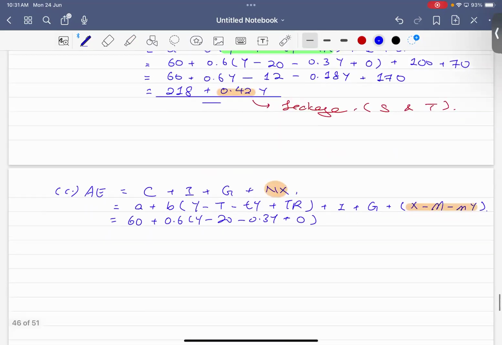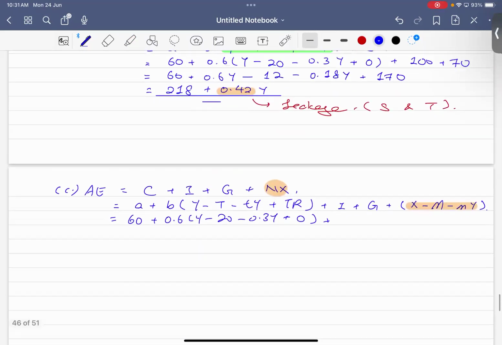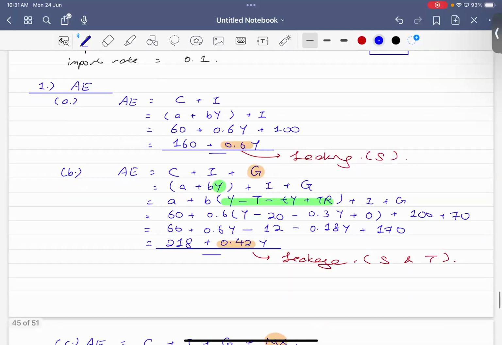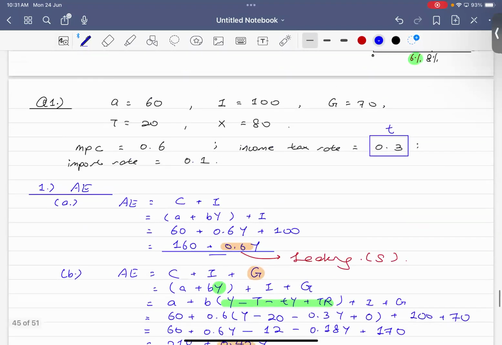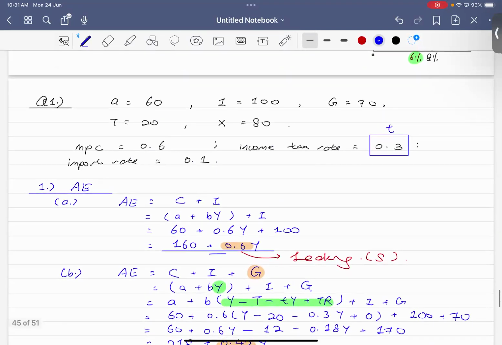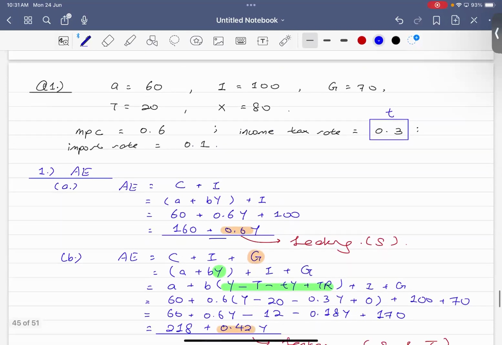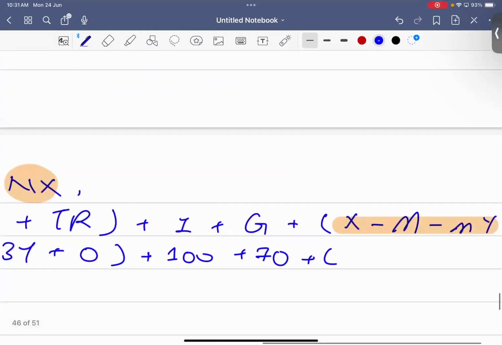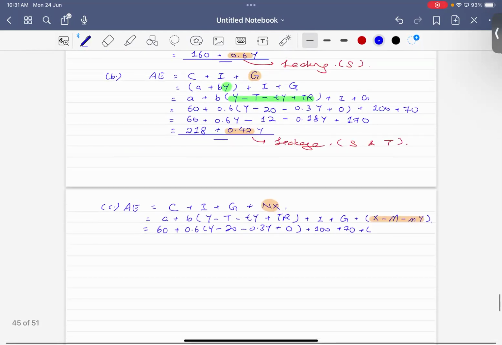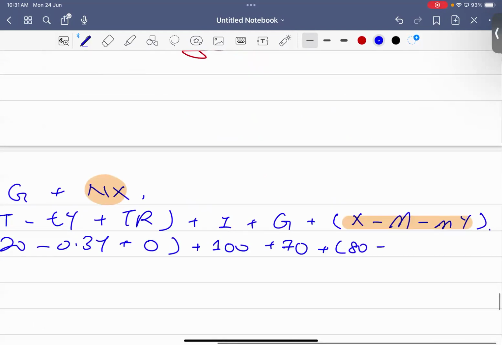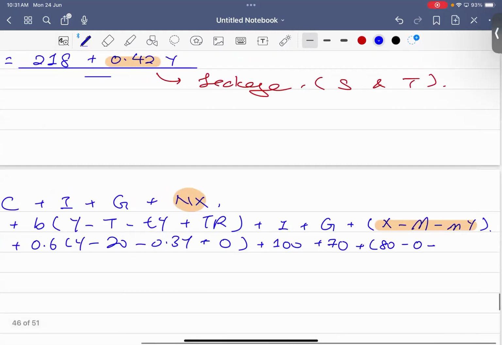Investment is 170. Plus exports 80. Imports here, there's no autonomous imports, and we have induced imports.